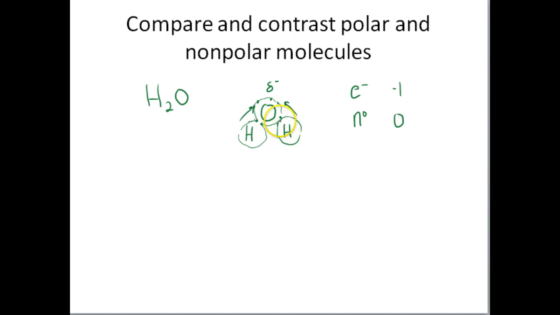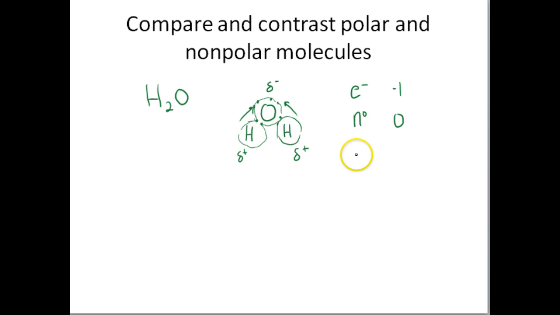And so those electrons are going to get pulled over here, and hydrogen's proton is going to be left a little bit more alone over here, and that proton that's left over here with the electrons over towards the oxygen is going to cause this side of the molecule to have a partial positive charge. And the same thing's going on between this hydrogen and the oxygen. It's getting a partial positive charge.